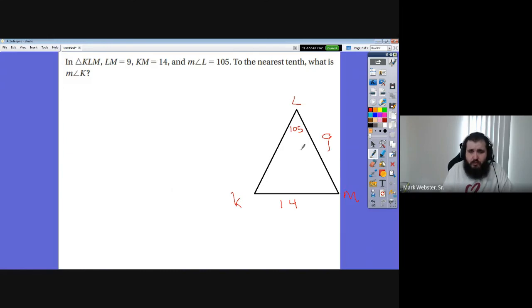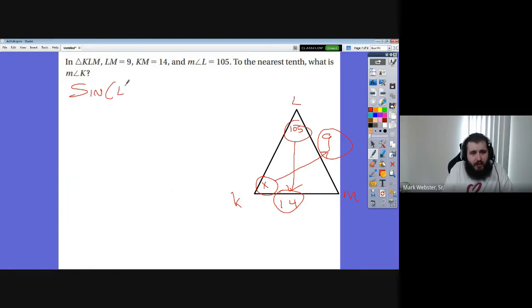So we want to know to the nearest tenth, what's the measure of angle K? We want to know this one, right? Well, the L angle side pair is our good pair. And then we're trying to find angle K, and we have side K, so we know we're good.